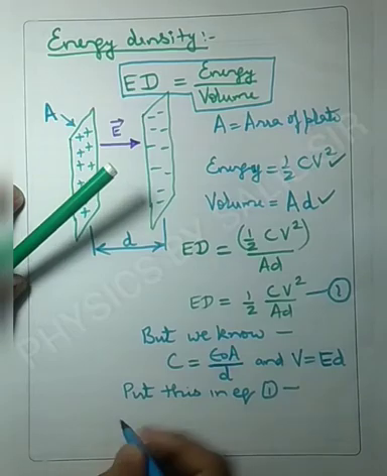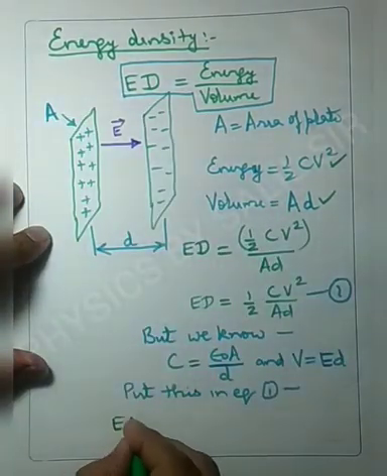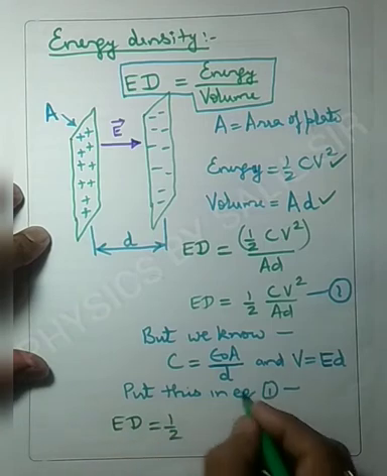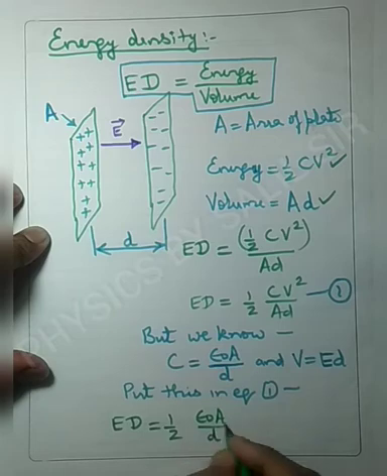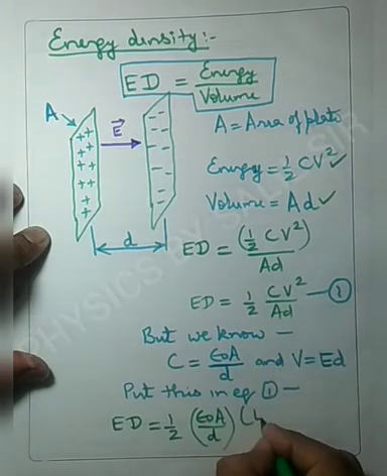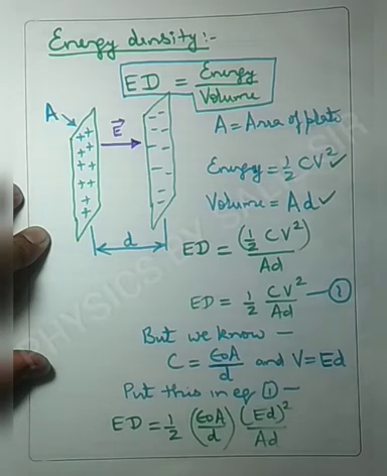So what will we get? Energy density is equal to half. In place of C we'll write epsilon naught A upon D. In place of V we'll write ED square upon AD. So solve this.